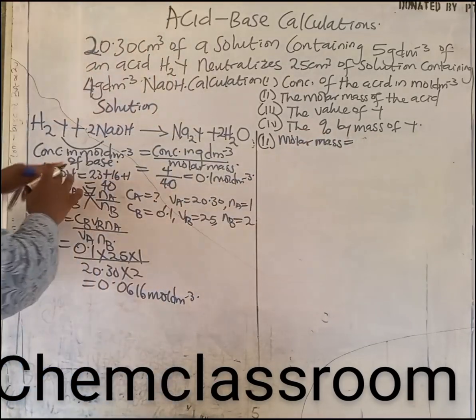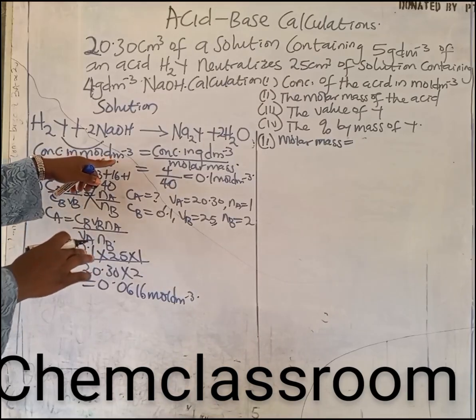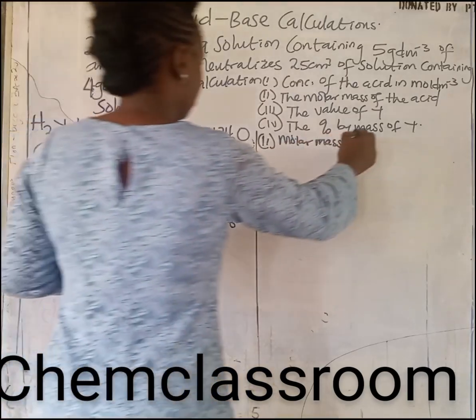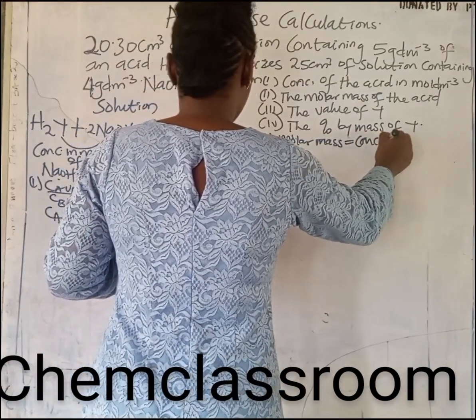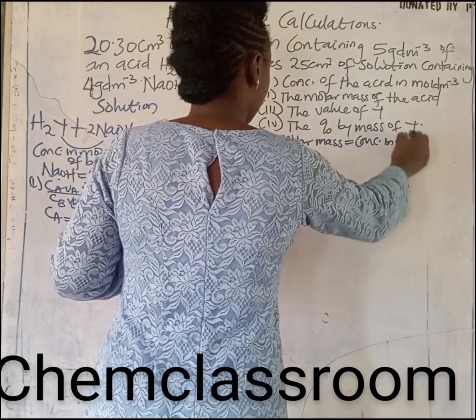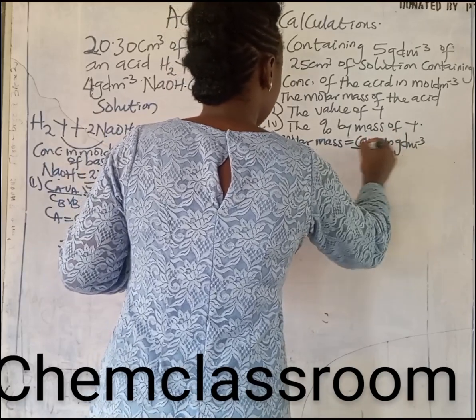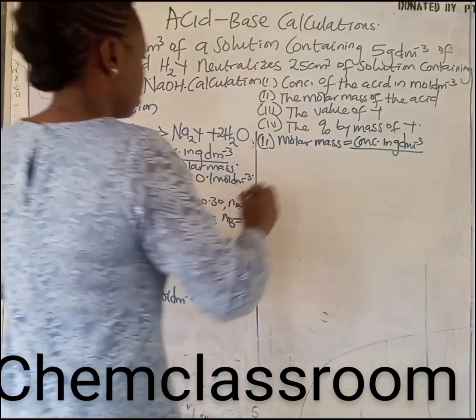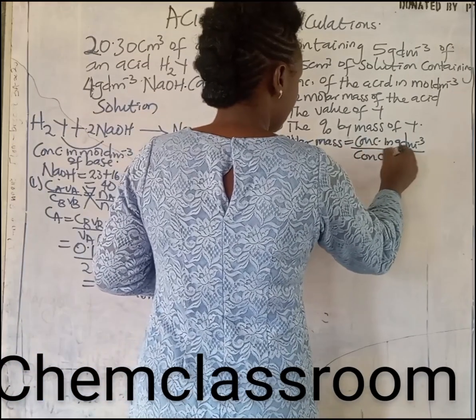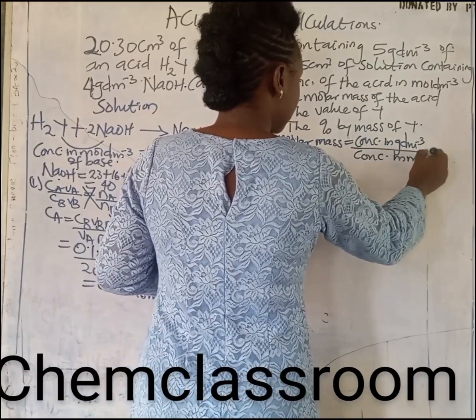equals what? My molar mass of A is going to be concentration in grams per dm cube divided by concentration in mole per dm cube.